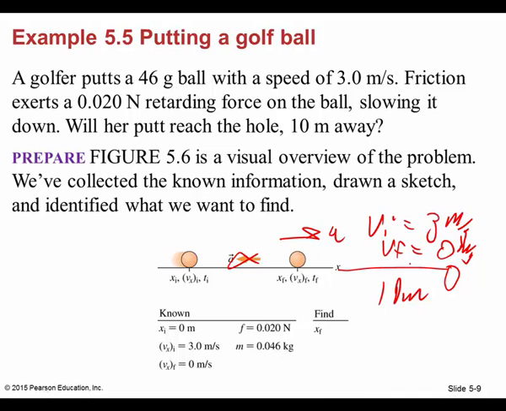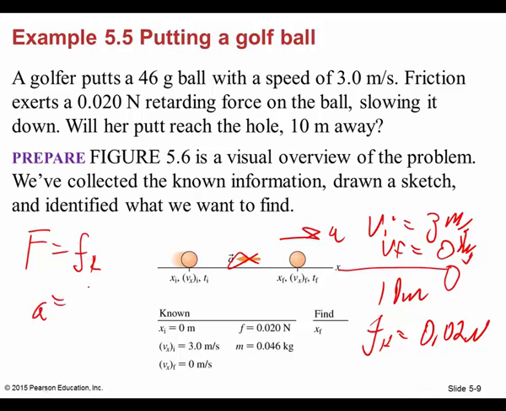Okay, now the frictional force, kinetic friction, is 0.02 newtons, right? That's the kinetic frictional force. So what is the acceleration of the ball? Well, we know that the force and frictional forces are actually the same thing. A force is a force.